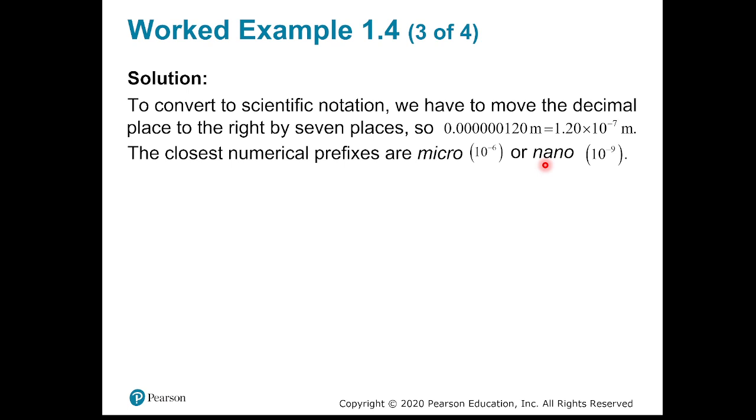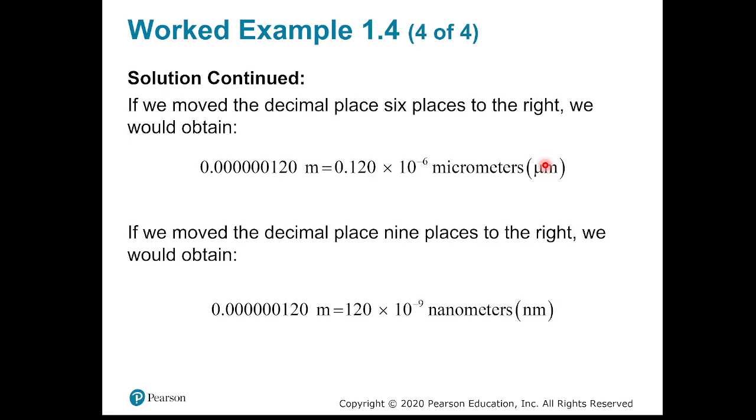In my experience, nano would actually be the more common one, unless you're planning on comparing this to some other micro numbers. So if you're comparing it to germs, you would use micro. If you're comparing it to other viruses, you'd use nano. Okay? These would be your numbers.